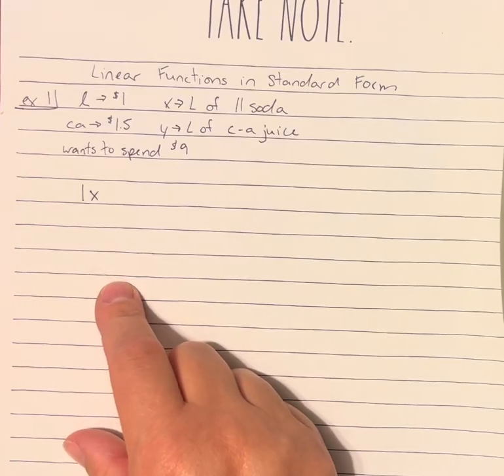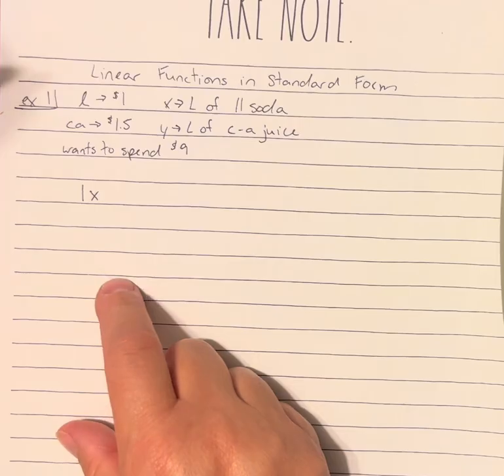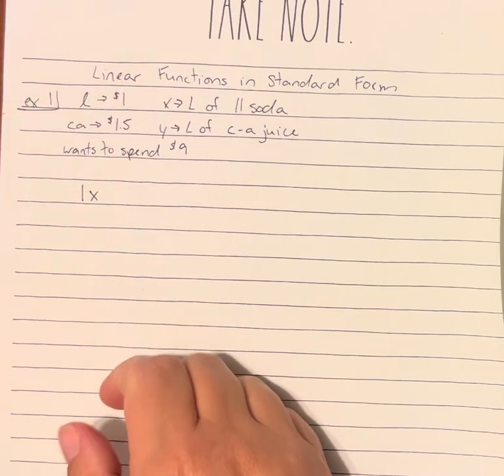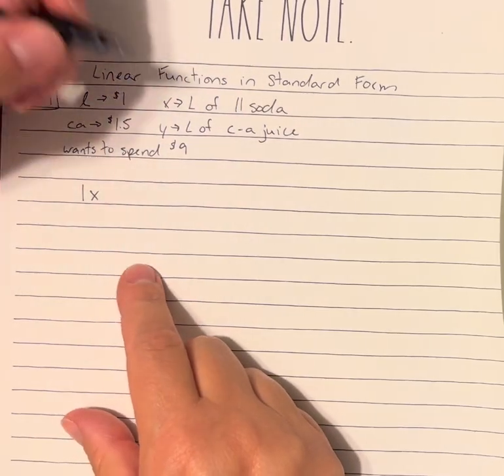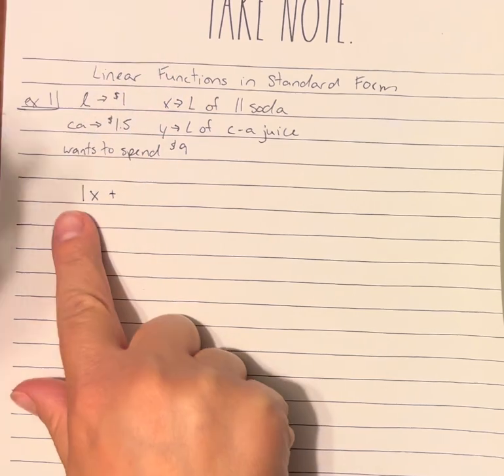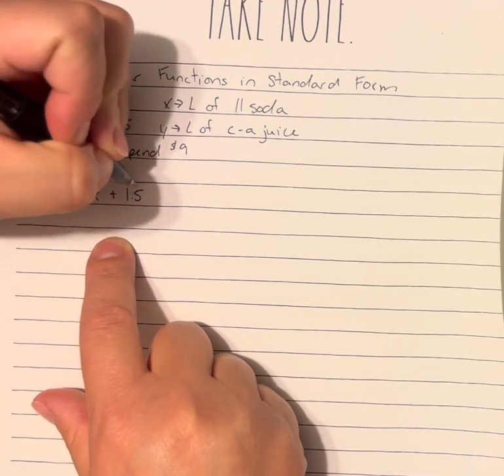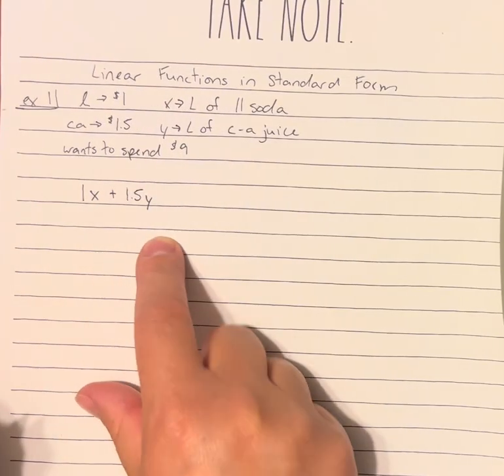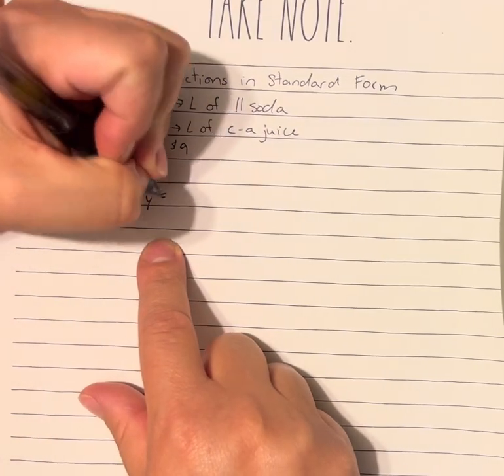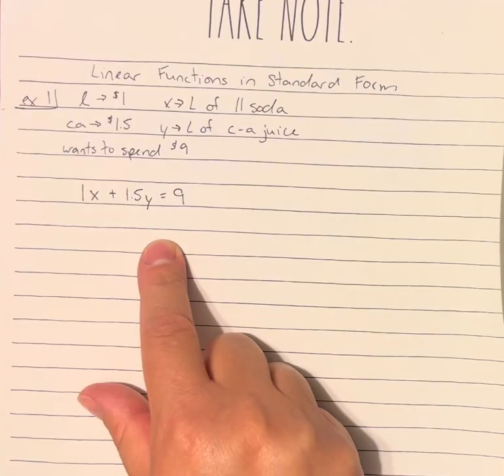So 1 liter would be $1.50, 2 liters is $3, 3 liters would be $4.50, etc. And so we're trying to figure out how many of each he can buy if the total is gonna be $9. So $1 per liter of lemon lime soda plus $1.50 per liter of the cranberry apple juice. Altogether, we want to spend $9.